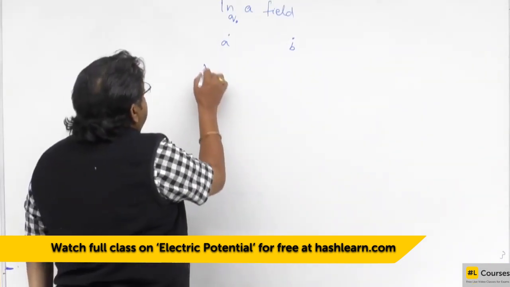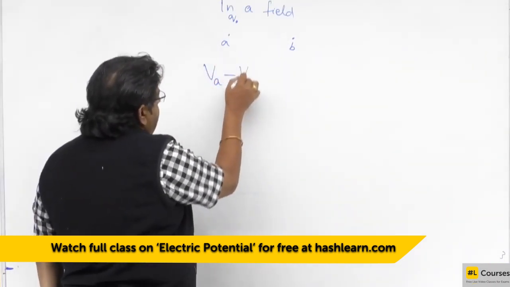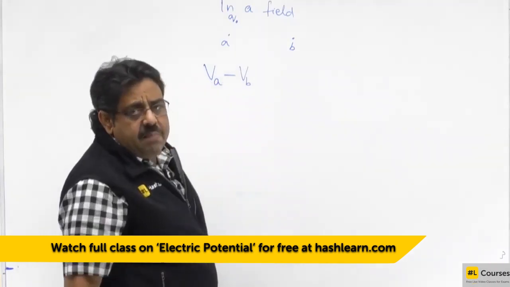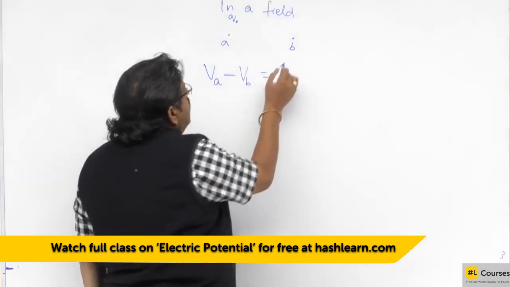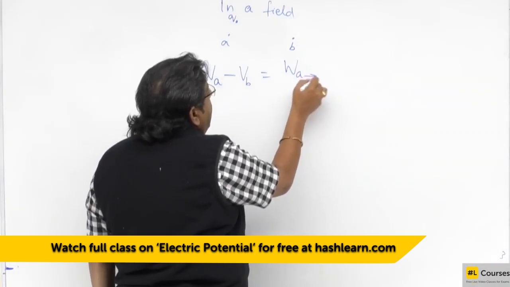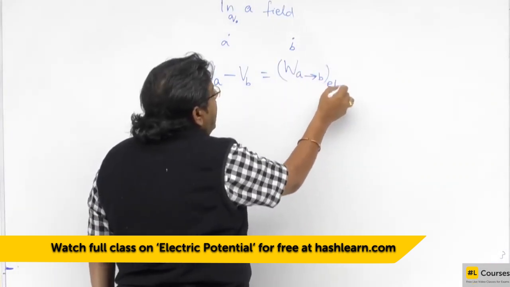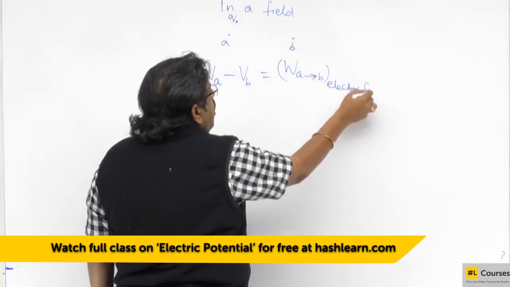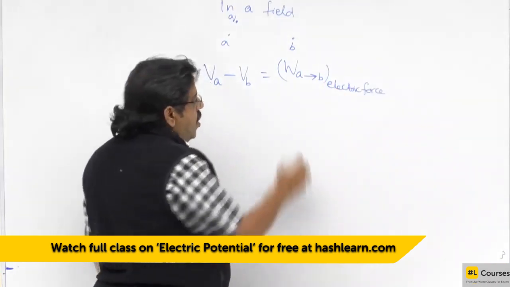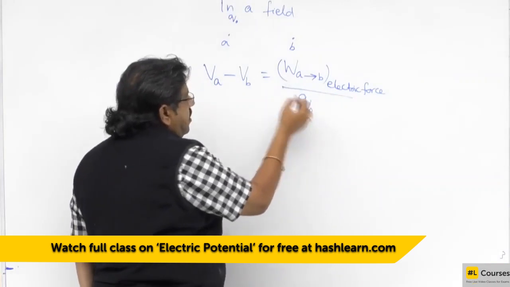We use the formula: potential VA minus VB, potential at A minus potential at B, is the work done in moving from A to B by electric force or electrostatic force, divided by Q naught.